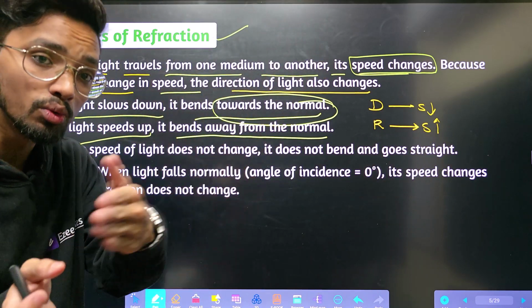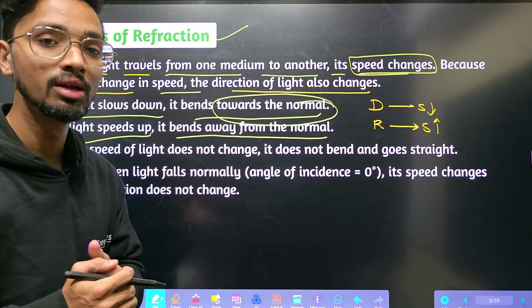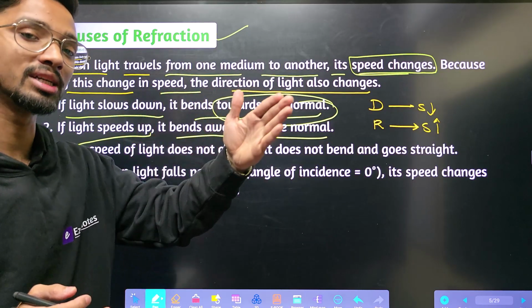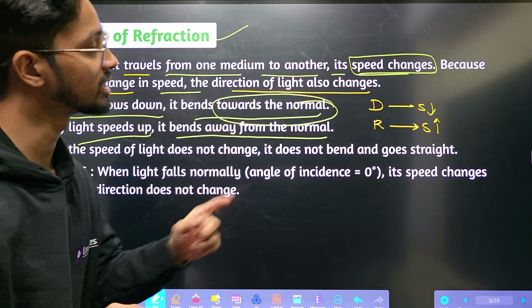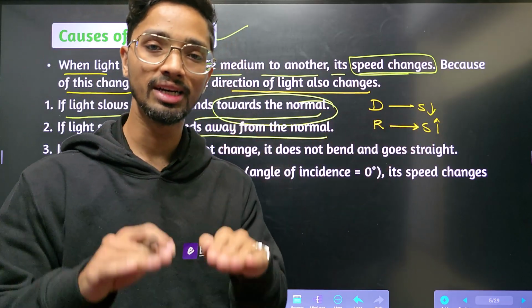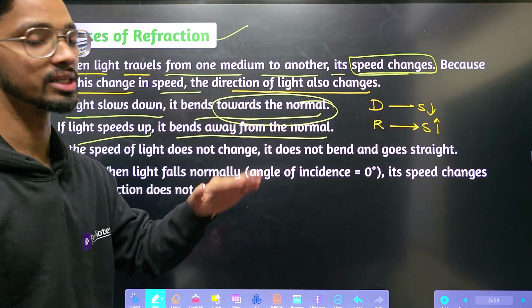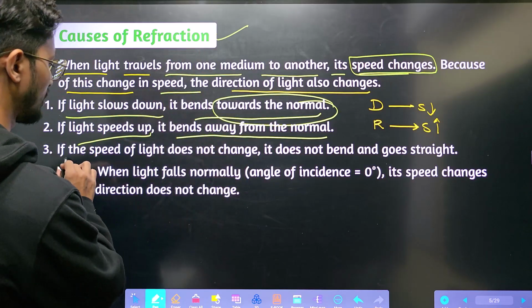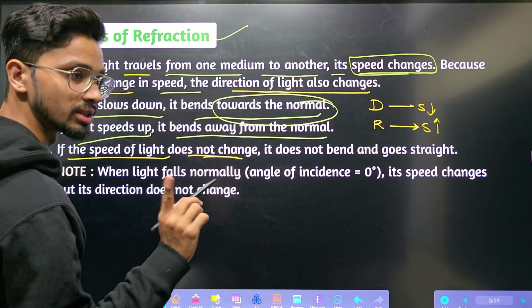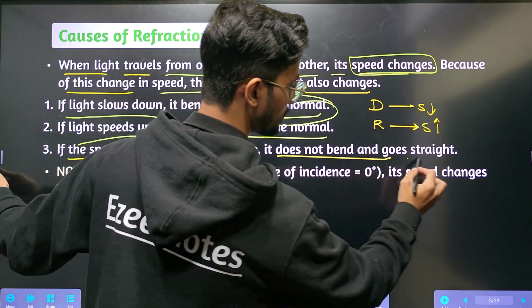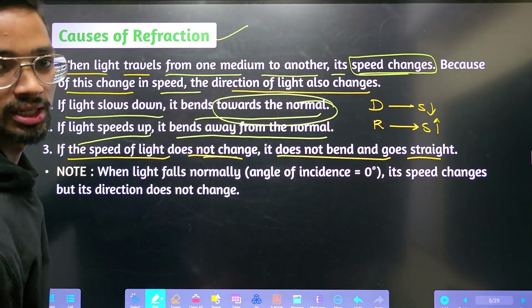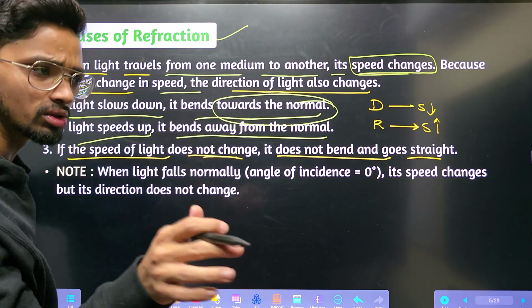When does it bend towards the normal? When it goes from rarer to denser. In denser, its speed decreases; in rarer, its speed increases. If the speed of light does not change, it does not bend and goes straight.